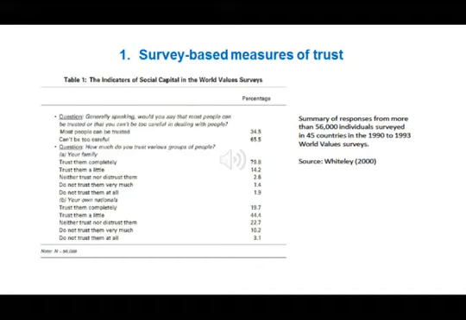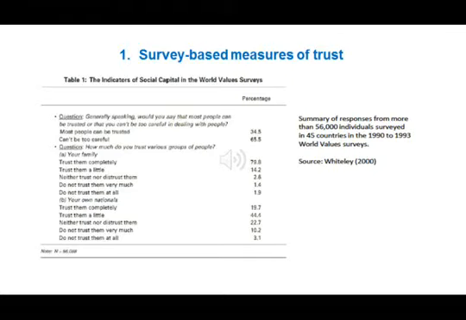This is the question that tries to measure the level of trust between individuals. So the answer is either most people can be trusted, or that you cannot be too careful when dealing with people, which means that you should be cautious in dealing with people, which is a reflection of a very low level of trust.